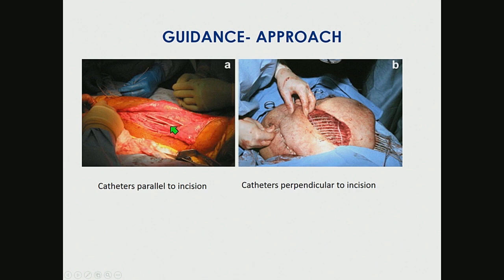You can also place your catheters perpendicular to the incision. In this case, you wind up with more catheters, but the treatment within each catheter is shorter. How you approach this depends on what critical structures you're dealing with. You might not want to use the perpendicular approach if there's a critical structure that will be passing close to the needle placement.